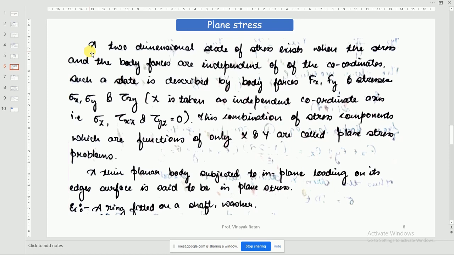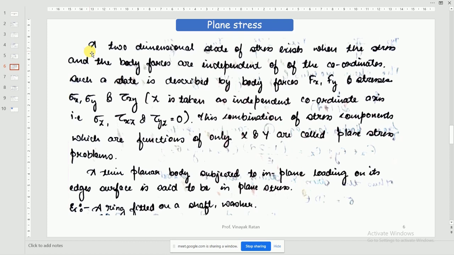One coordinate will be independent of the other two coordinates, either z, x, or y. Only there will be two components, either xy, yz, or zx. There you can apply plane stress condition.